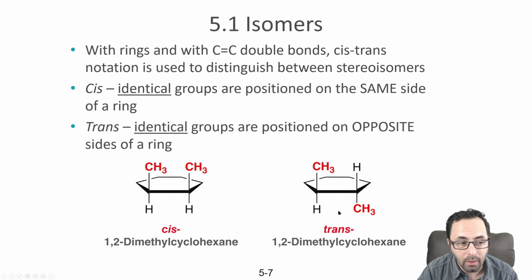And so we're going to have another naming system where we designate E and Z, which will allow us to deal with the situation where these groups, like these methyl groups, are different from one another. Let's say there's a chlorine atom here. How would we handle that? We could maybe still call it trans, although it really only technically applies when you have the same group, although it's often used otherwise.